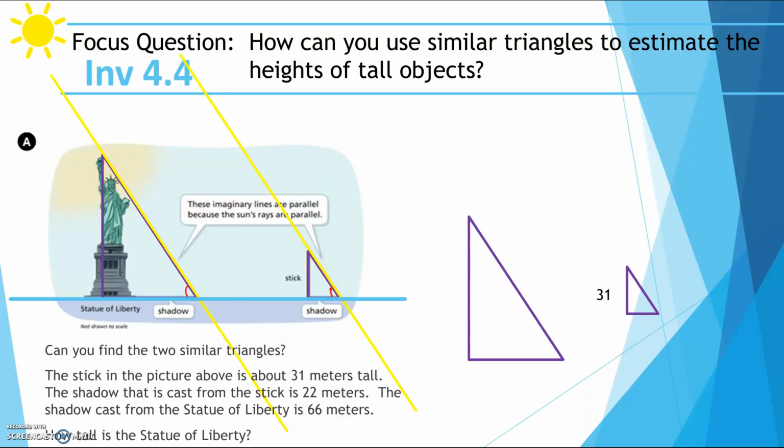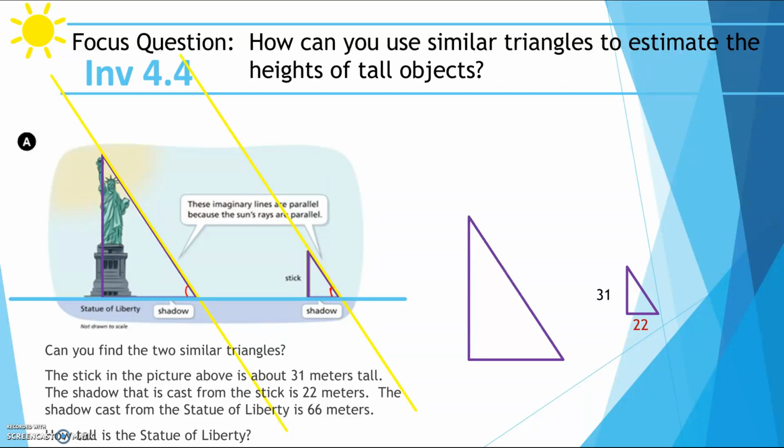So I'm going to label the height of my smaller right triangle 31. The shadow that is cast from the stick is 22 meters. So the shadow is represented by the base of the right triangle, and this shadow is from the stick. So we're talking about the base of the smaller right triangle. We'll label that 22 meters.